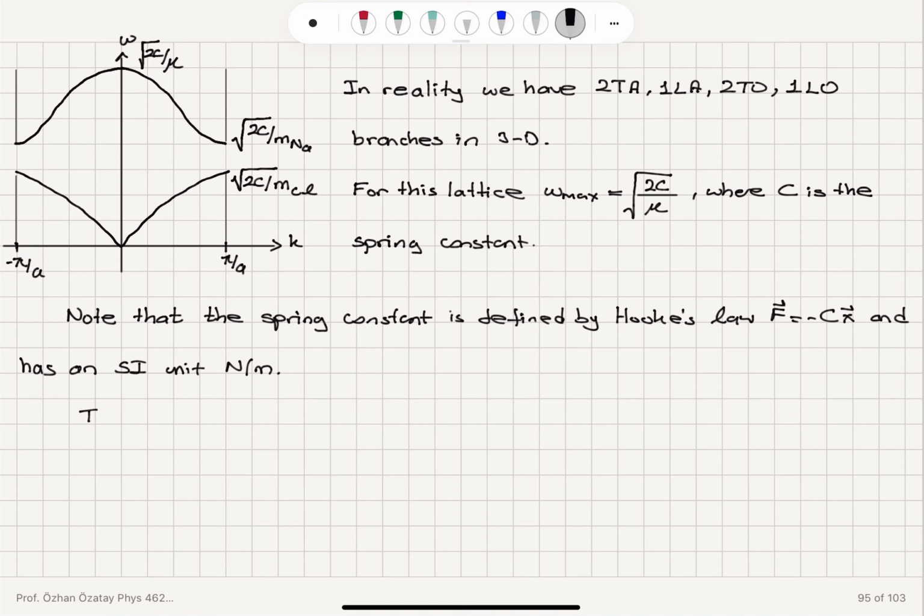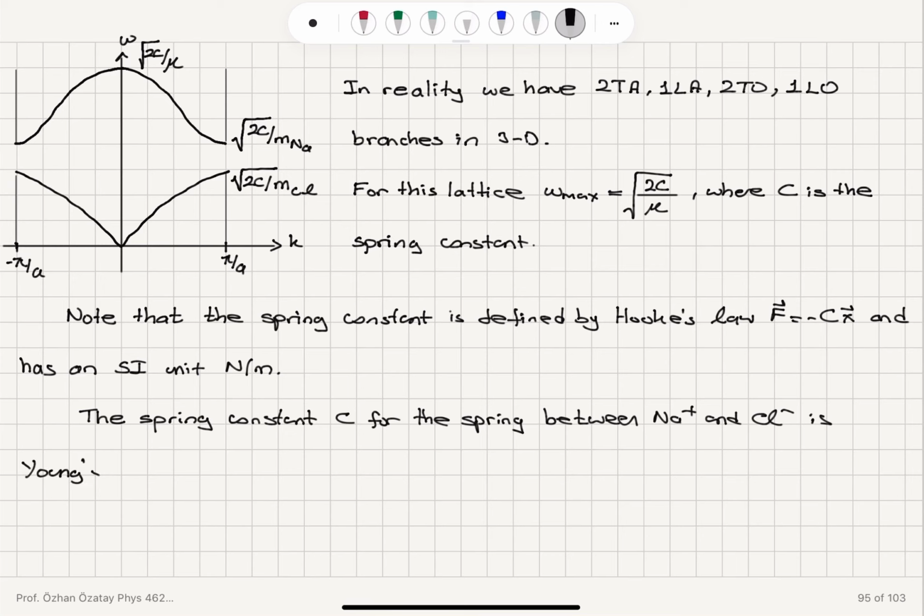So now we have to find the spring constant for the sodium chloride structure along the 100 direction. The spring constant C for the spring, which is basically the bond between sodium plus and chlorine minus ions, is basically Young's modulus, or the modulus of elasticity, multiplied by the interatomic distance.